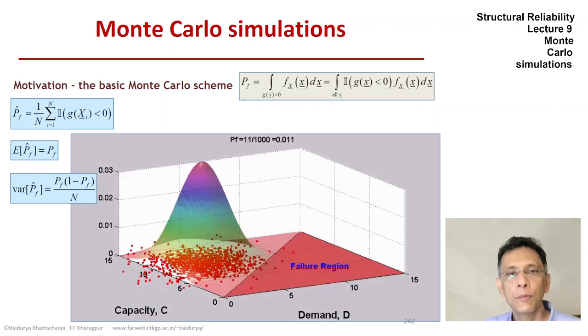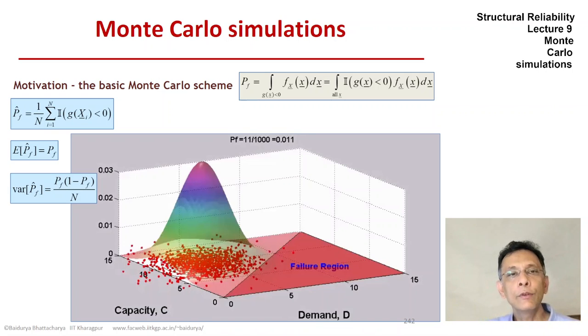What should strike us is that most of these samples that have been generated have in some sense been wasted. They did not contribute to failure. They were very much in the safe region, and insofar as computing failure probability is concerned, they did not really help.